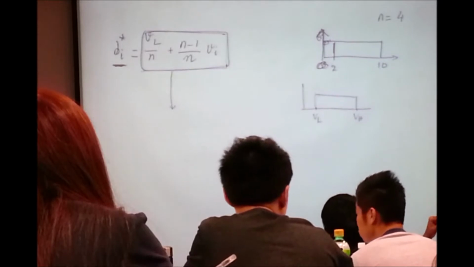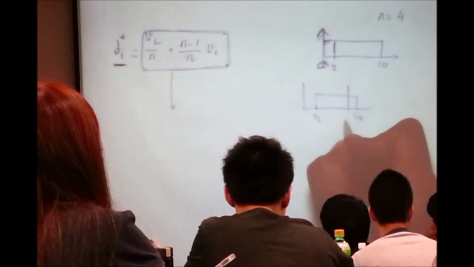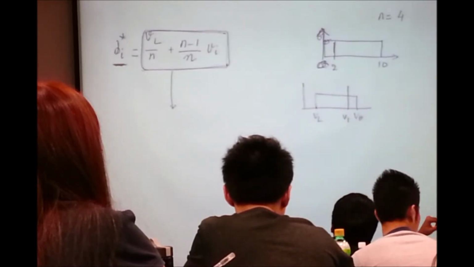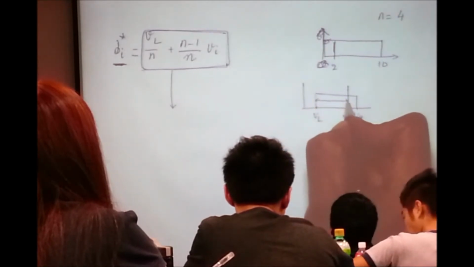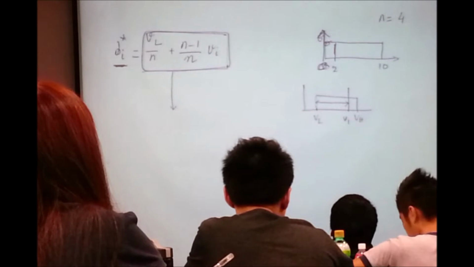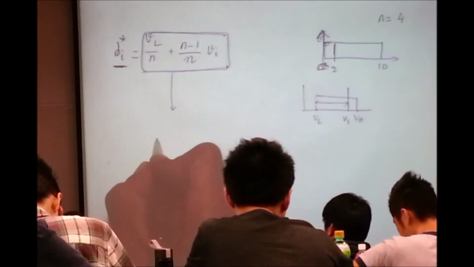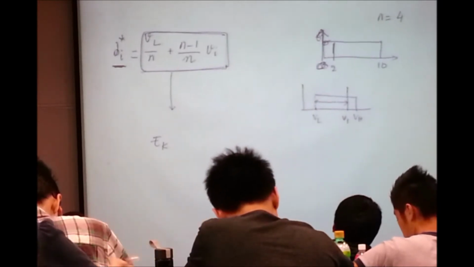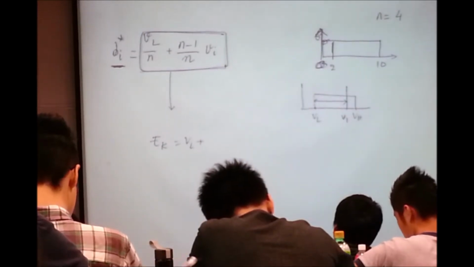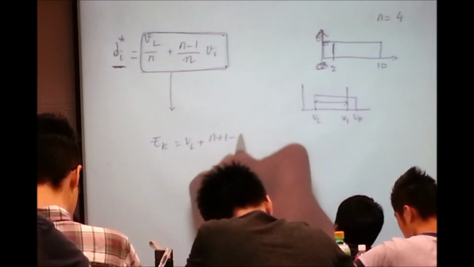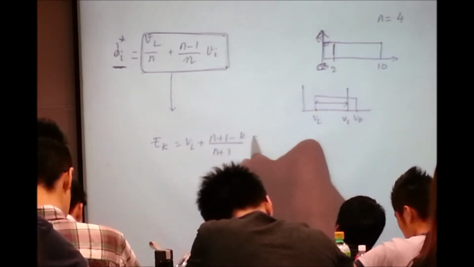Say for bidder 1, I am determining the optimal bidding strategy. I will say, assume that your bid is the highest, B1, and look for the next highest bid in this distribution. So, formula number 4, write it down: VK is VL plus n plus 1 minus K over n plus 1 times VH minus VL.